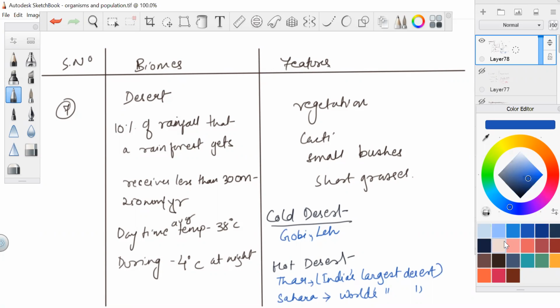Last will be the coastal biome, that is the aquatic biome.